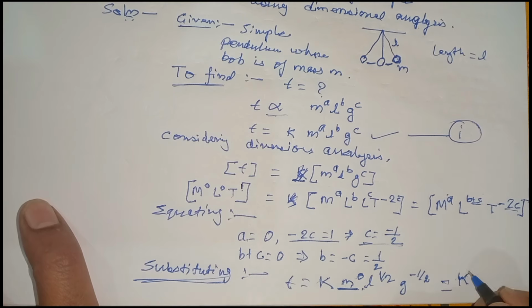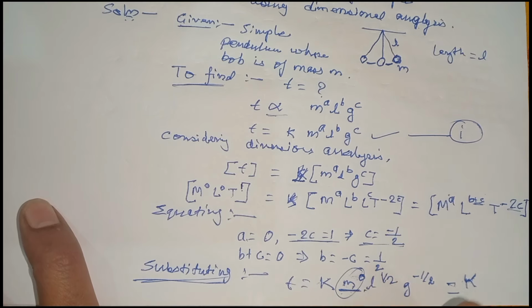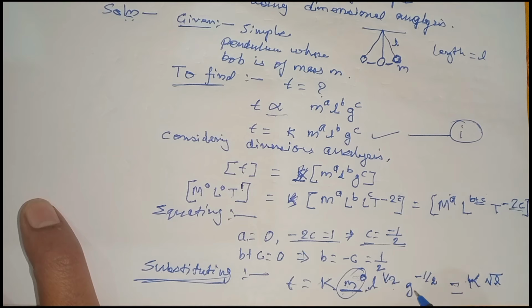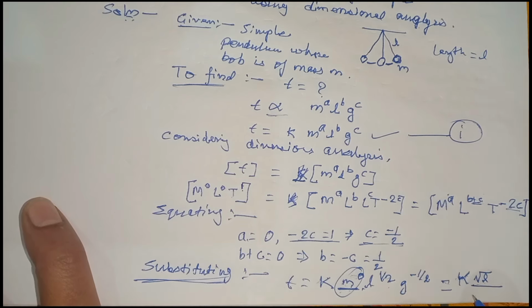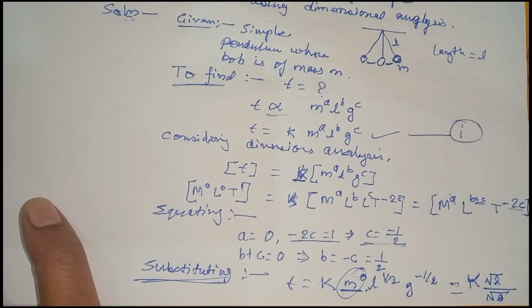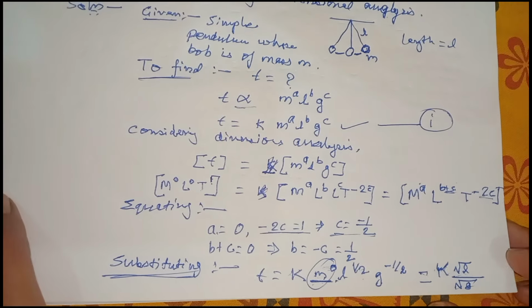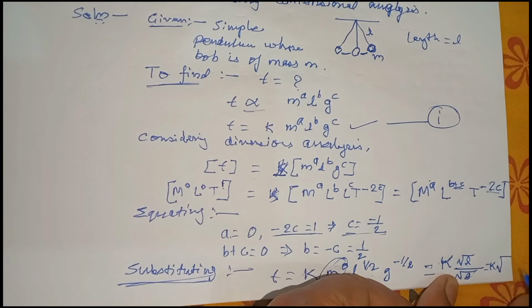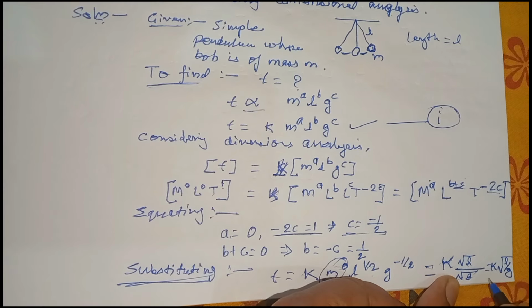So m goes out, and L to the power 1 by 2 means under root L, and G to the power half in the denominator means divided by under root G, which will be equal to K under root L by G. Derived.